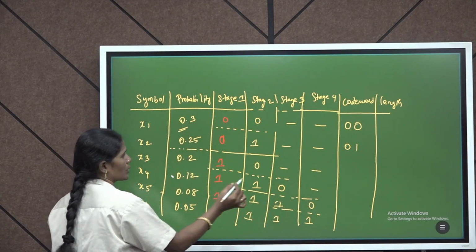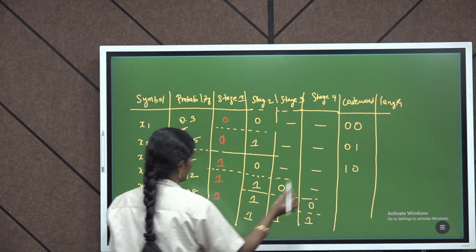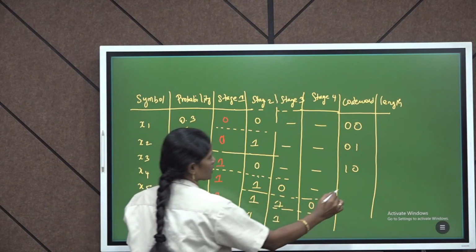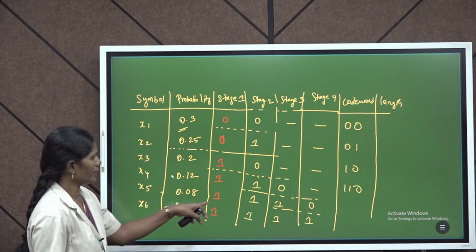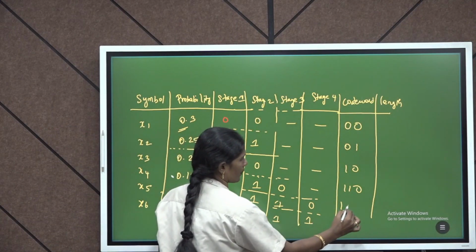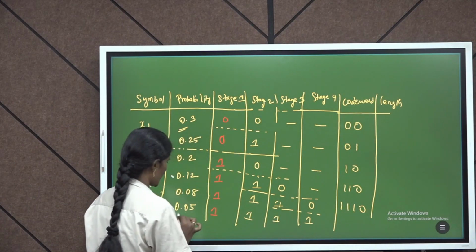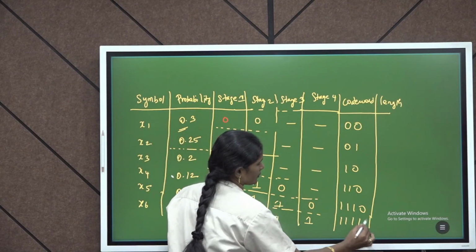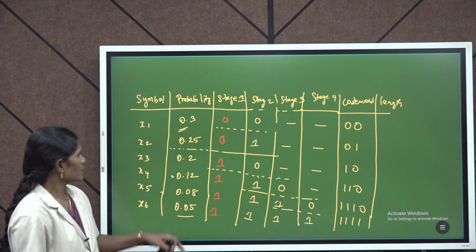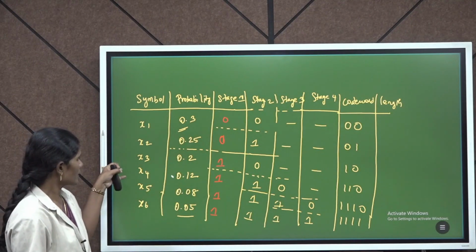Next for 0.2 it is 10. For 0.12 it is 110. Next for 0.08 it is 1110. Next for 0.05 it is 4 ones. So, these are the code words obtained by using this table.